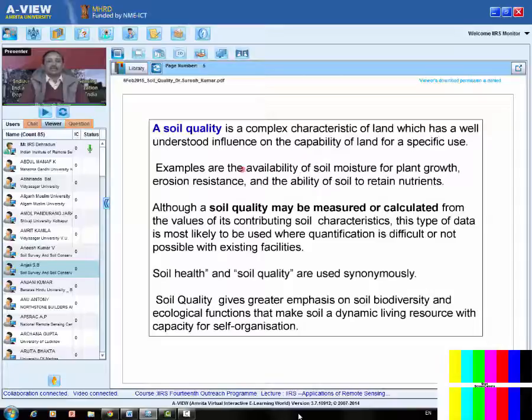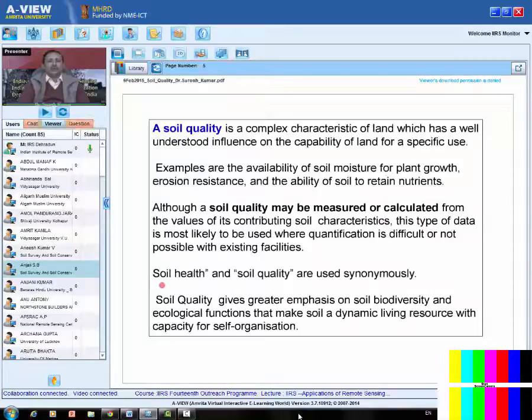For example, the availability of soil moisture for plant growth, erosion, and the ability of soil to retain nutrients, or how many nutrients are present in the soil. Although soil quality may be measured or calculated, it is measured indirectly, with the consideration of many soil parameters.